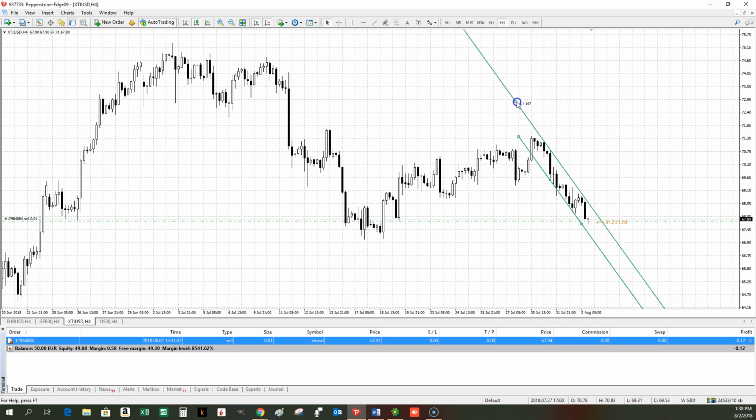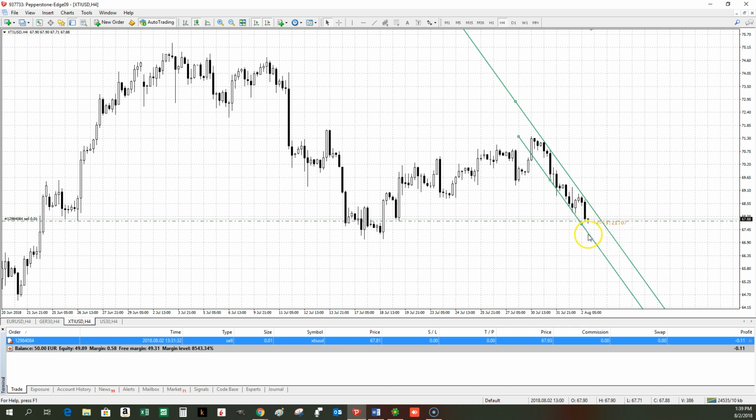Here it is. Okay, so we need a few candlesticks to break up this channel and start to move upwards, which is absolutely not the case right now. We are in the middle of the channel.